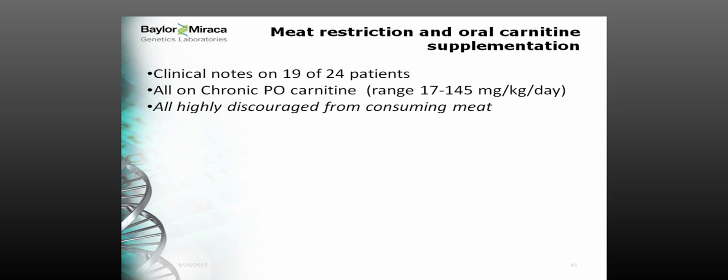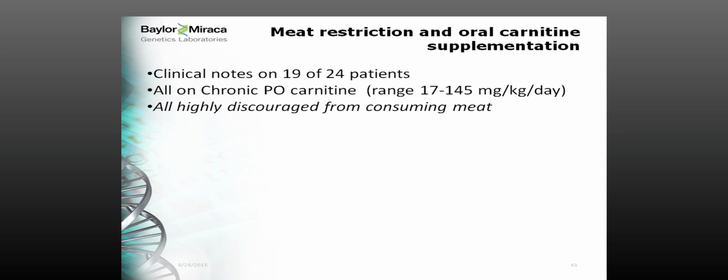One of the clinical residents went through all the charts of these patients, and again, 19 of them were local that we were able to get good, reliable data on. All of those 19 were on chronic oral carnitine supplementation, and as you can see, there was a very wide range in the dose, but all of these would be relatively high for someone not on carnitine supplementation and just getting carnitine from diet.